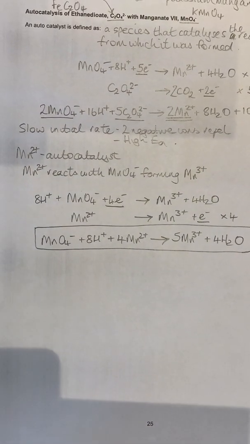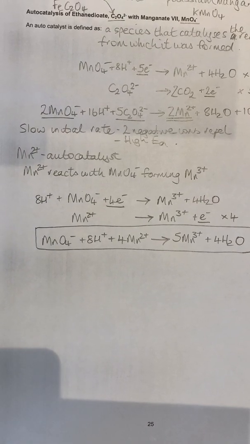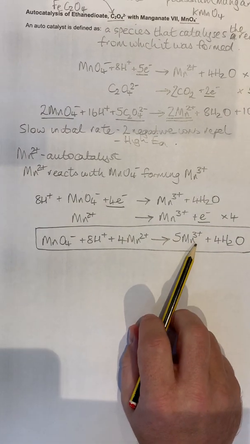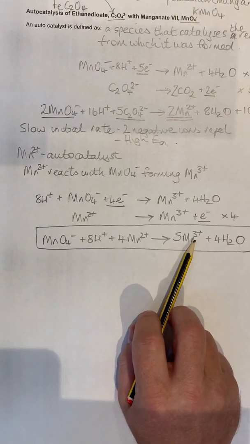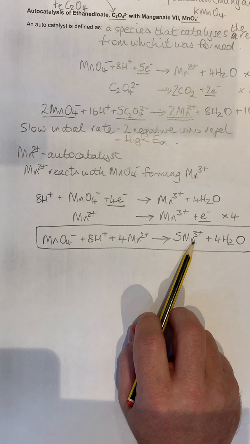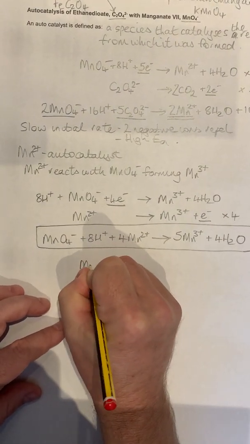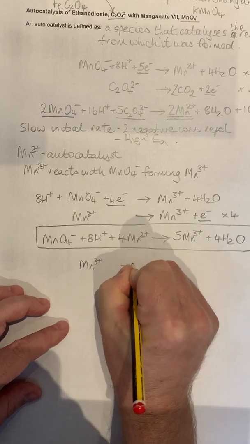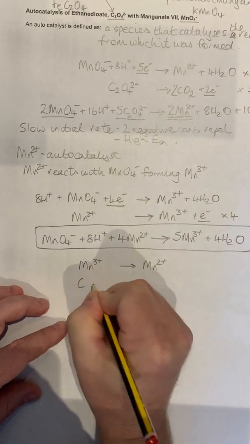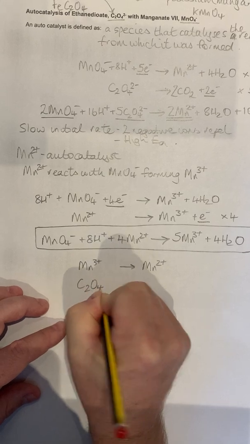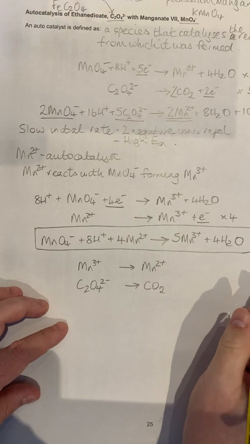So that starts the autocatalyst or the catalysis process off. But it's not complete. We formed Mn3+. This is our intermediate species that obviously needs to be converted back into Mn2+. And what happens here is the Mn3+ converts into Mn2+ by reacting with our remaining product, C2O42-, which still goes into CO2.